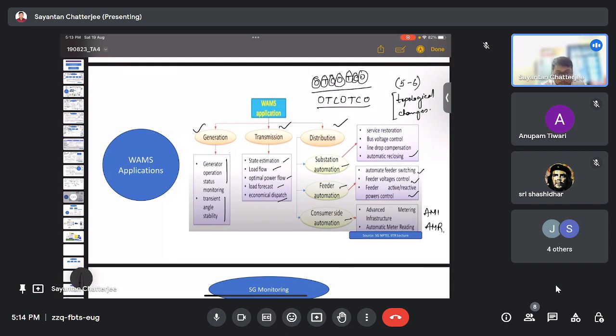Also, in the WAMS application, we can monitor the phase angle of the system. Suppose we have bus one and bus two.